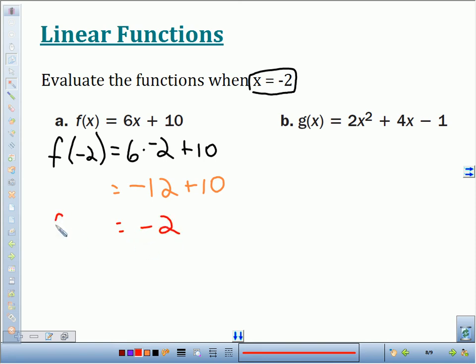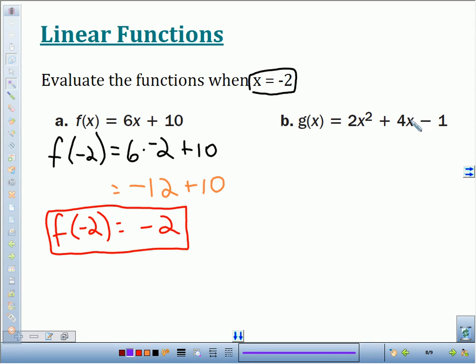So the value of f of x when x equals negative 2 is negative 2. And that is our answer. The function notation is useful in that now we can see the input here as f of negative 2, and we can see the output, what we got when we plugged in negative 2. So we see both the input and the output together.